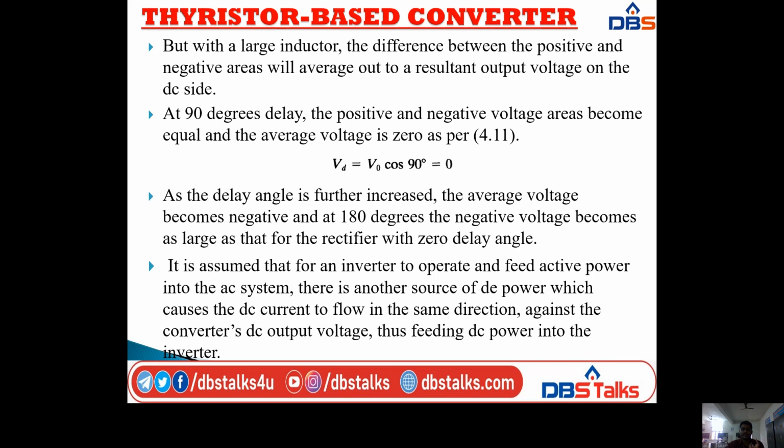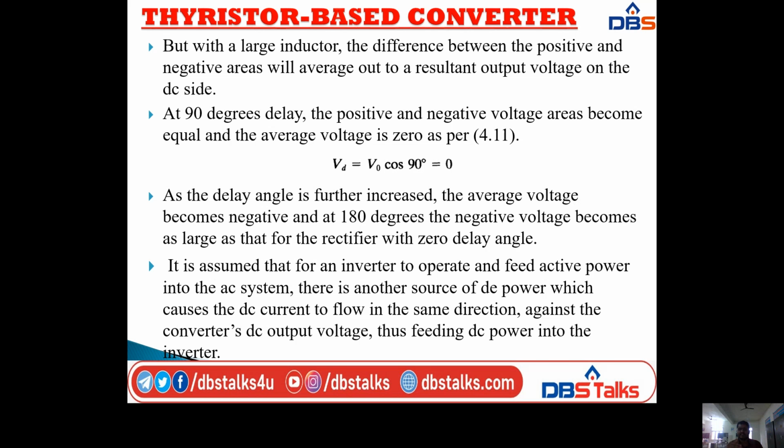At 90 degrees delay, the positive and negative voltage areas become equal and the average voltage is 0, as per the previous equation 4.11, that is Vd equal to V naught cos 90, which is equal to 0.